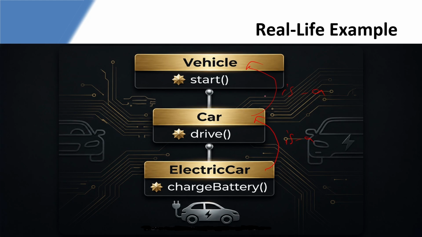Therefore, electric car inherits common features from both vehicle and car. Apart from the inherited methods, it can have its own method, that is charge battery. So electric car will have drive, start as well as charge battery. Charge battery is its own method, whereas drive and start are the inherited methods.